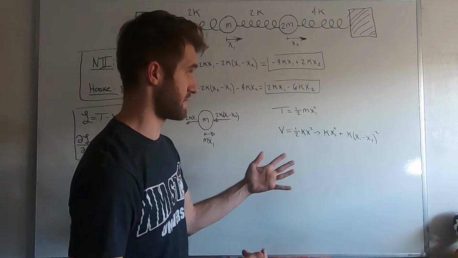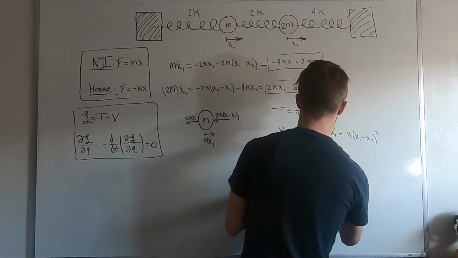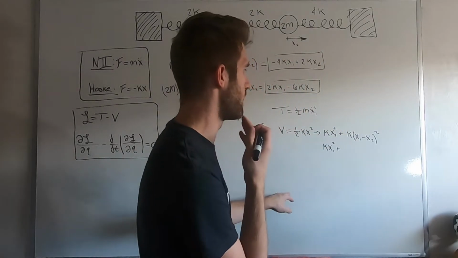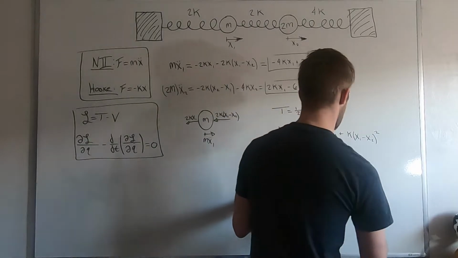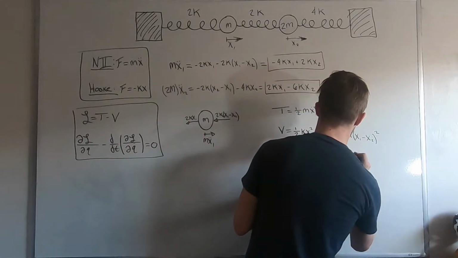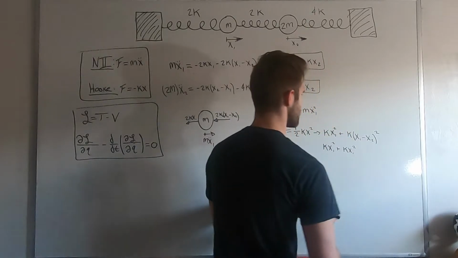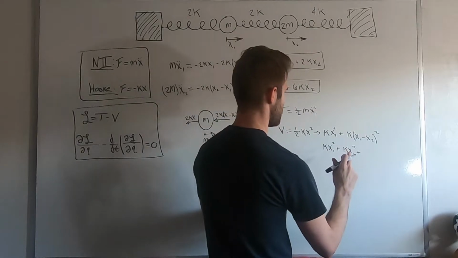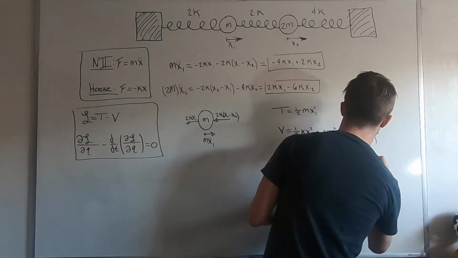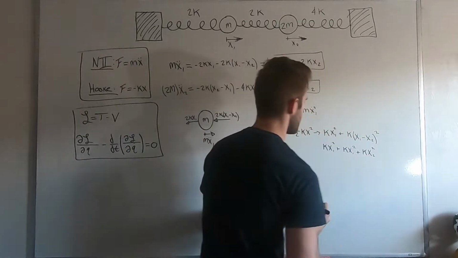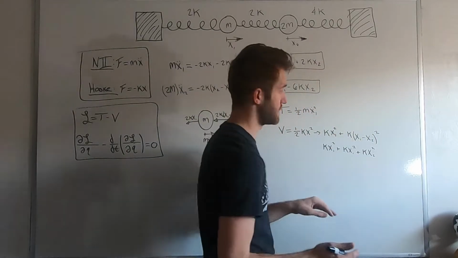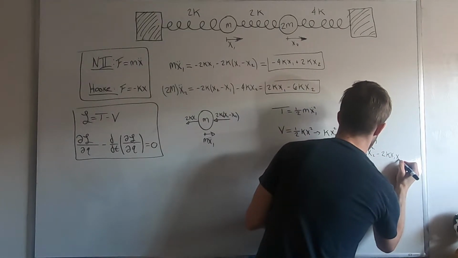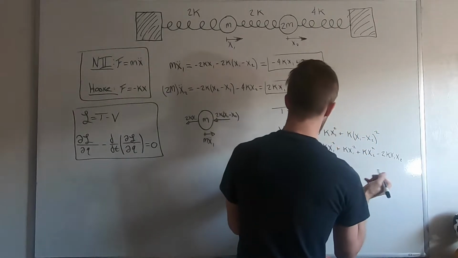So let's extend this out, and we're going to get kx1 squared plus, all right, so let's do our outer terms first. So we're going to have kx1 squared, and then plus kx2 squared, and then we're going to subtract off our cross terms here, so minus 2k x1 x2, and we can simplify this a little bit.